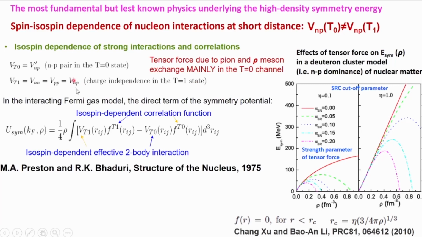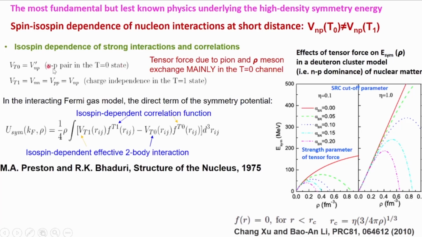But the NP interaction in this isotriplet channel may or may not be the same as the NP interaction in the iso-singlet channel. By studying properties like the neutron, we know that there is an appreciable tensor force contribution that allowed you to explain the electrical quadrupole deformation of the neutron.